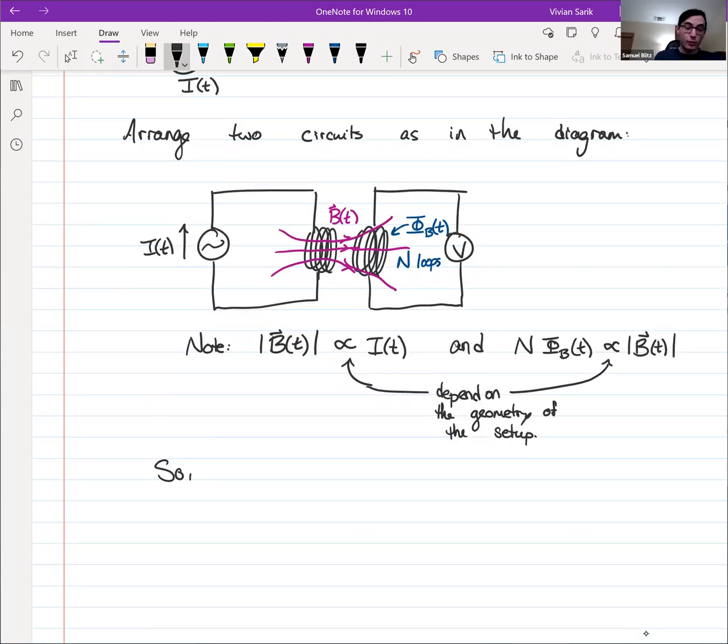And in fact, that really just says that n times the flux through a single loop is just equal to a number, say m, times the current. This m here is just a constant of proportionality, and it only depends on the geometry.